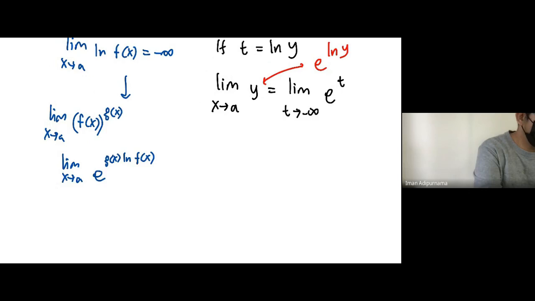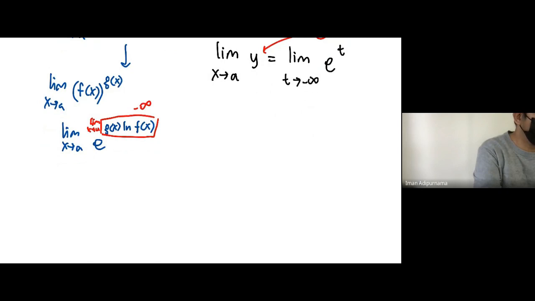So if we have this, we take the limit here, and this is negative infinity. Remember when we have a negative infinity for e, what happens, right?